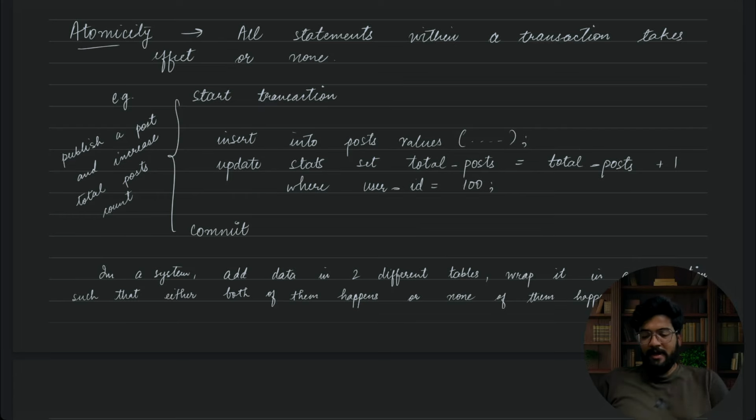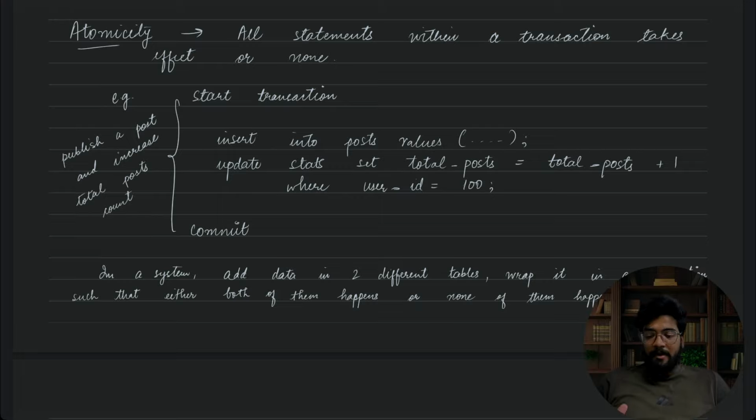Here I have given an example. I have started my transaction and I have two statements, one for insert and one for update, and then I'm going to commit this transaction. Now, what might happen is that I execute the insert statement, and in between, my application or system crashes, and the update is not executed.